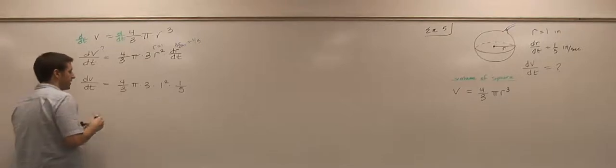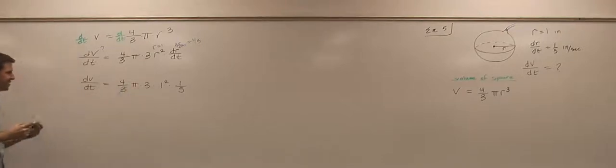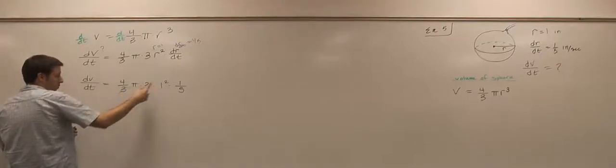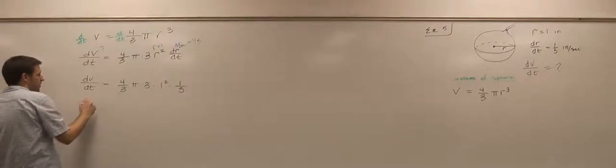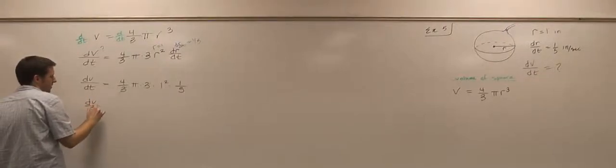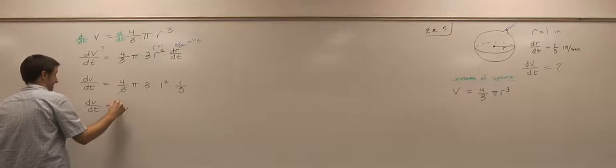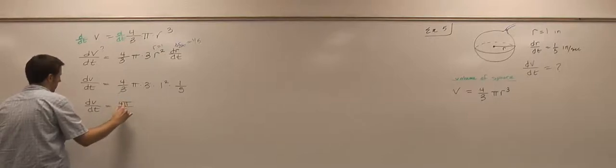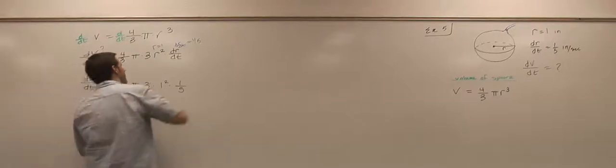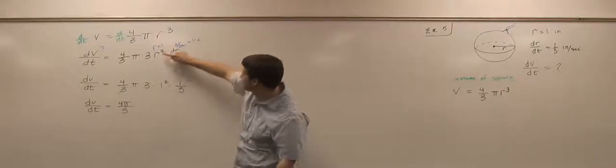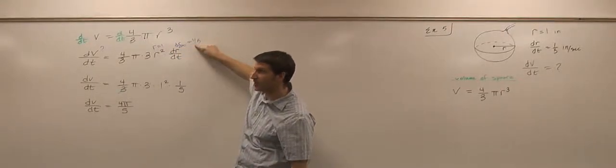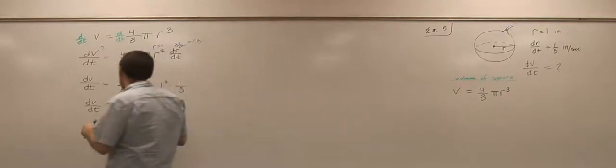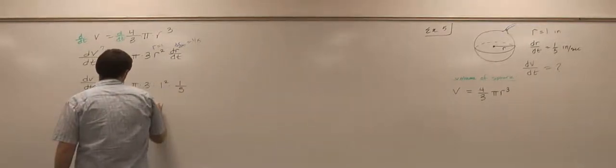The 3s cancel. 1 squared is 1, so we just have 4 pi over 5. What are the units, by the way? Inches per second? Technically, we have inches, inches, inches per second. So we have inches cubed per second. Volume, right? Inches cubed per second.